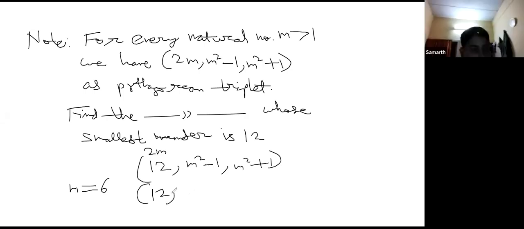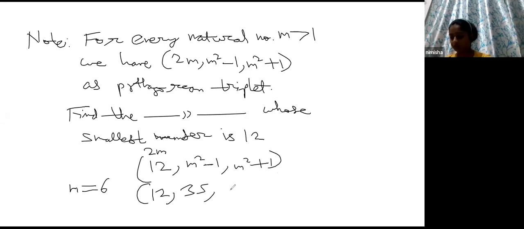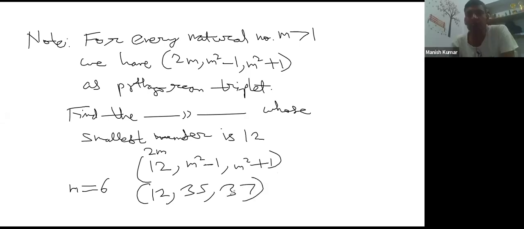Sir, 35. M square is 6 square, 36. 36 minus 1 is 35. Good. And m square plus 1? 37. Okay. So, these types of questions can also be done by you, isn't it? Yes.